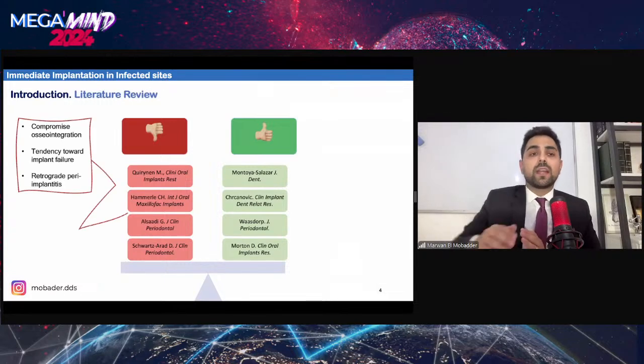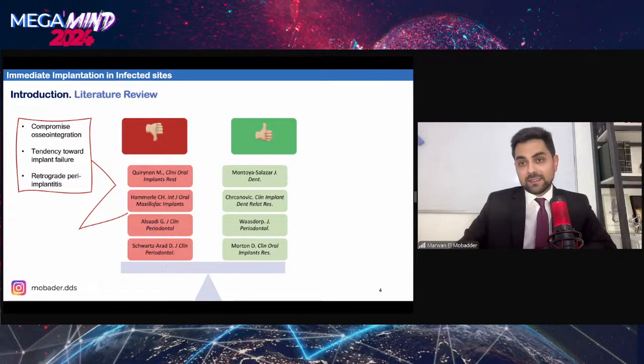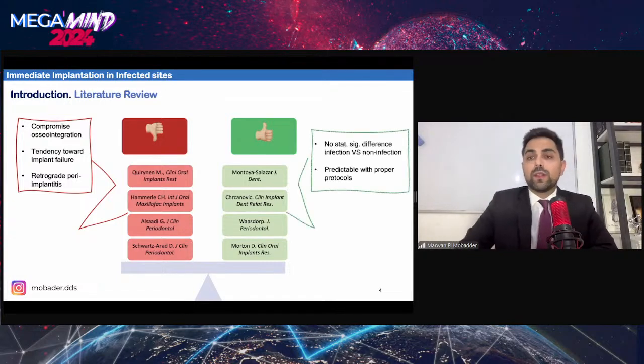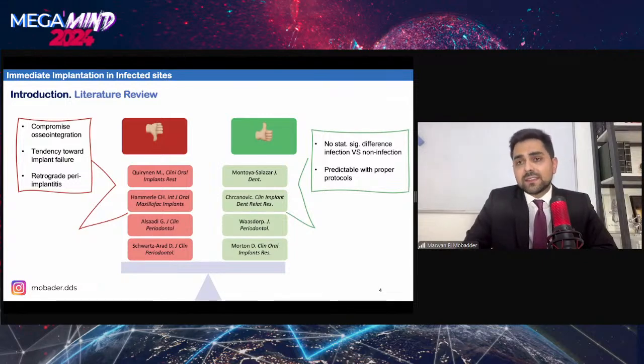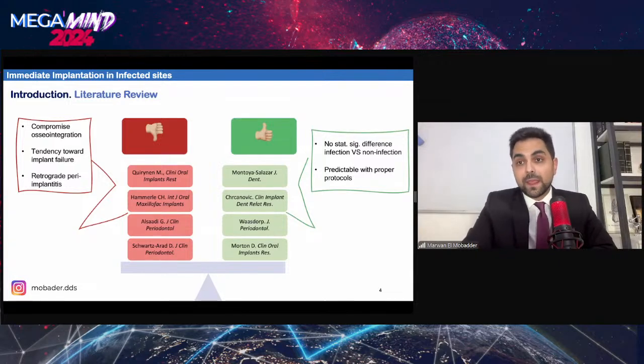The authors that are against usually argue that it will compromise osseointegration, there is a tendency toward implant failure, retrograde peri-implantitis, etc. And the authors that are for say that there is statistically no significant difference in the long-term success, and if done properly, we will actually have very predictable results.